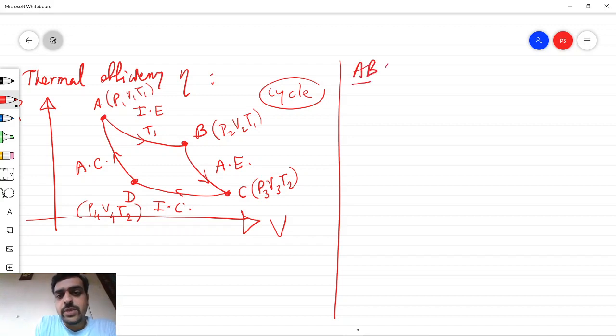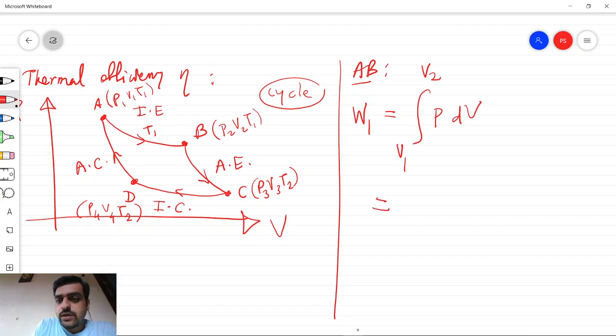So for process AB, the work done, say W1, is by definition the integral of P dV from the initial volume to the final volume. In this case, the initial volume is V1, whereas the final volume is V2.